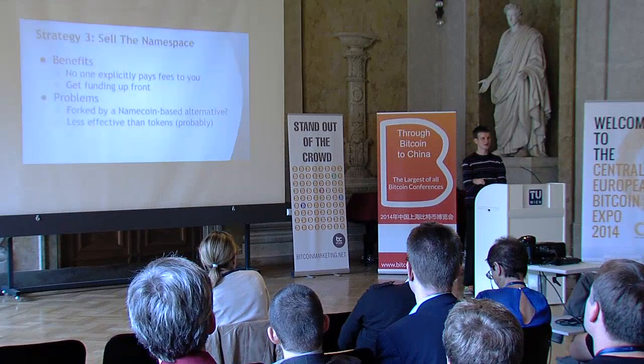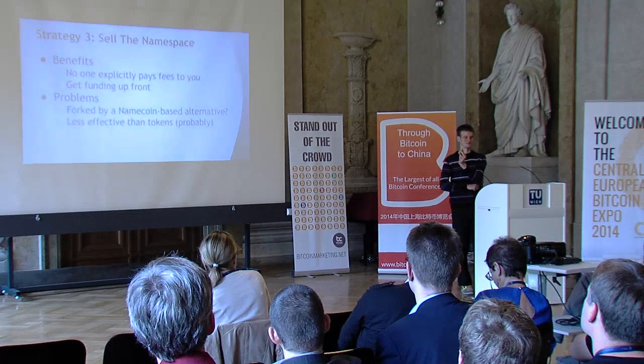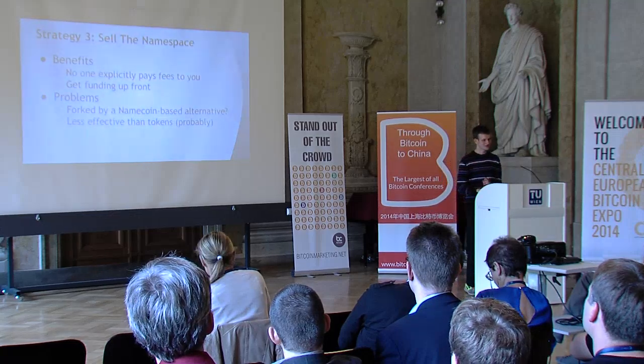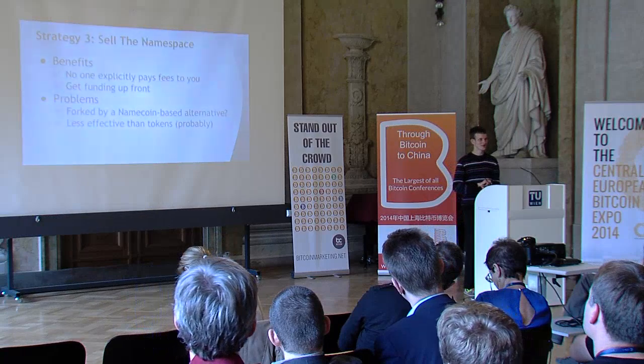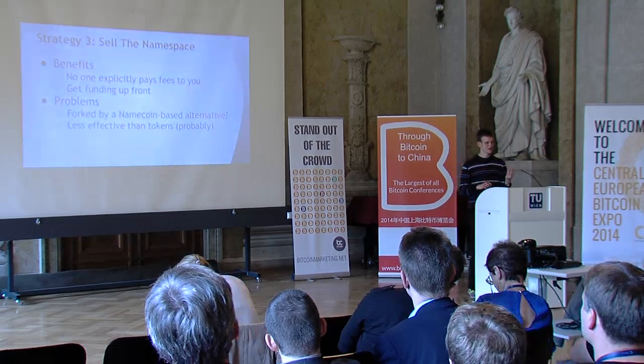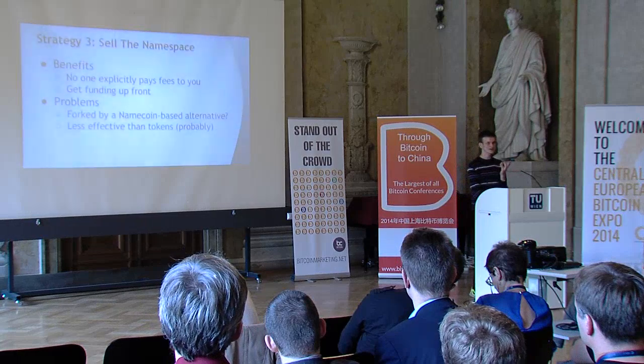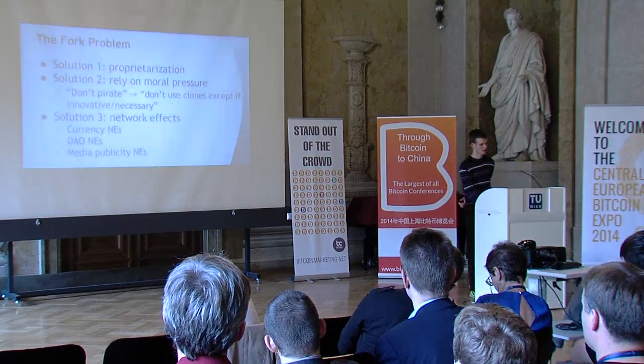How much do you think Google would pay for the rights to have a Twitter account with just the letter G? So that's the idea that we're targeting here. Basically, the namespace itself is an asset and you can sell it. It's very similar to selling tokens, but it's somewhat less effective, probably, though it's also more useful in some circumstances.